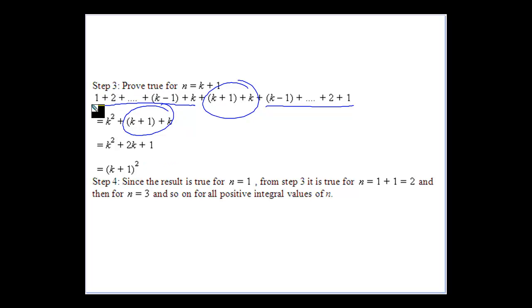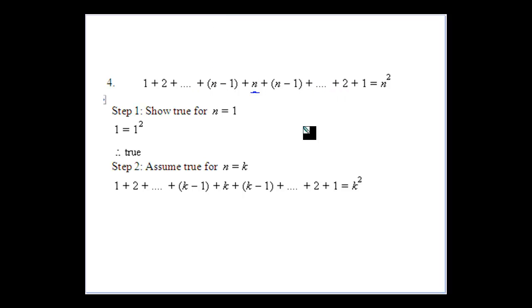So if we have a look at what we've got, remember we added integers up to the point k, but now we go to the point k plus 1, and then we go down from k, k minus 1, and so on. Now if we compare that to the previous part, that part's equal to k squared. So we went up to k, but then down from k minus 1.